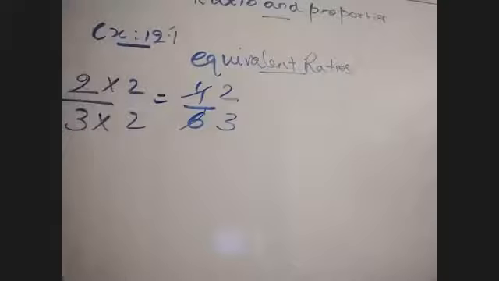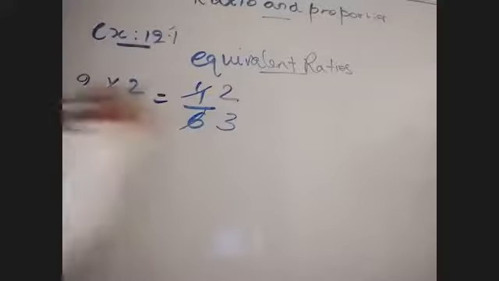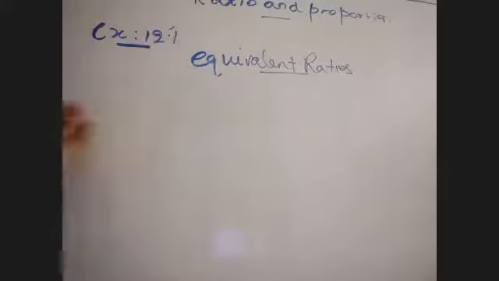Okay, but in this topic we have one more thing. Suppose you are given 6 and 18. Now over here, you can find the ratio either by multiplying or by dividing.